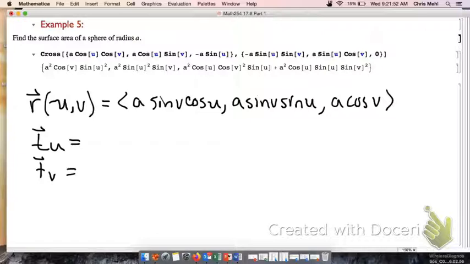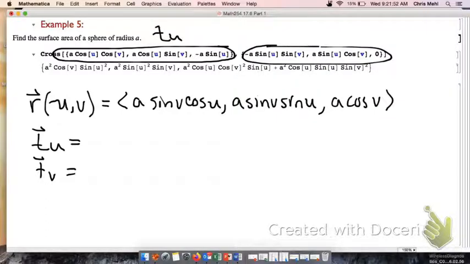Now, I was lazy, I guess. I just did this up here. If you look up here, eventually I'm going to do cross product, and I just let Mathematica do this. This is Tu, and this is Tv. And I actually might have this backwards.